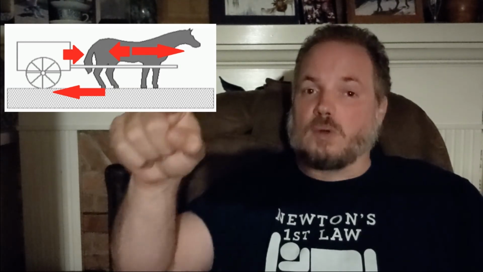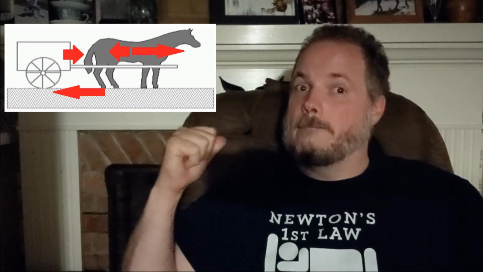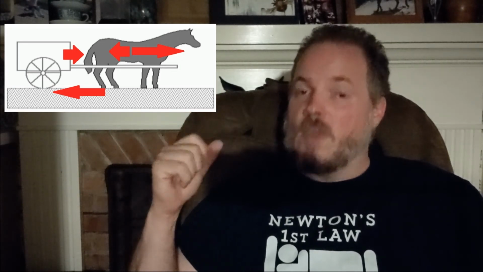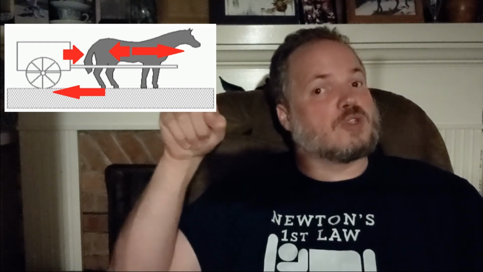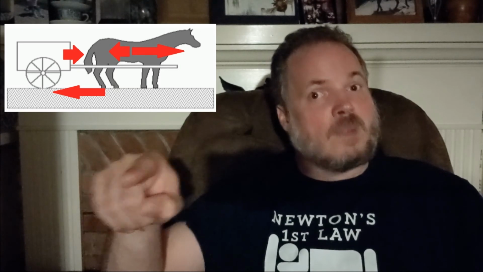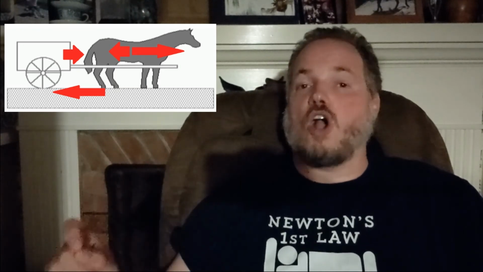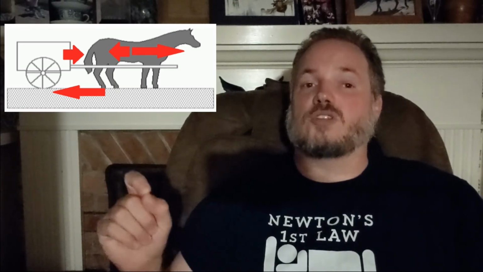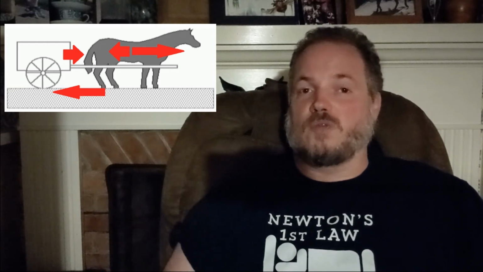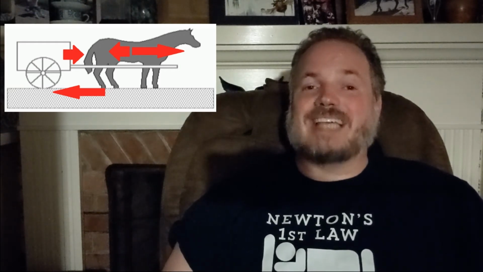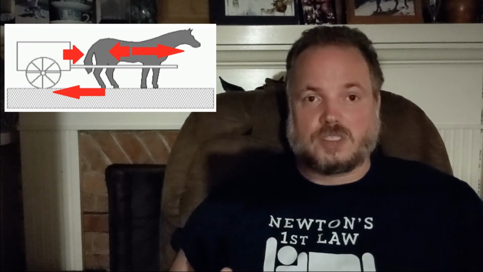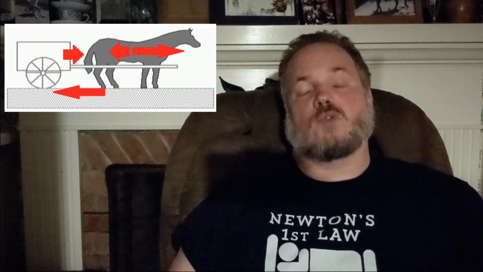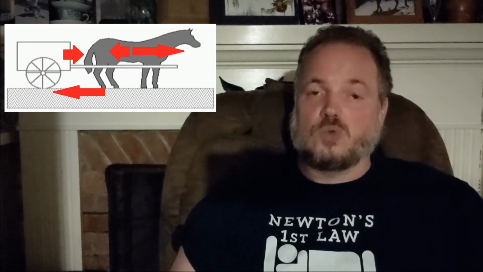The horse is pulling forward on the cart, so the cart is pulling backward on the horse. But also, the horse is pushing backward on the ground, which means the ground is pushing forward on the horse. As long as the horse pushes harder on the ground than it pulls on the cart, it's going to go forward. Look at this diagram. The forces forward on the horse are greater than the forces backward, and so too with the cart.